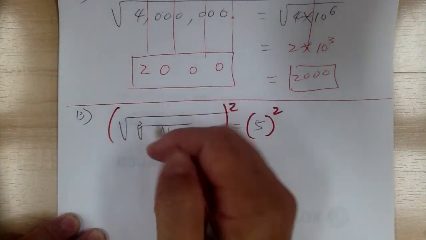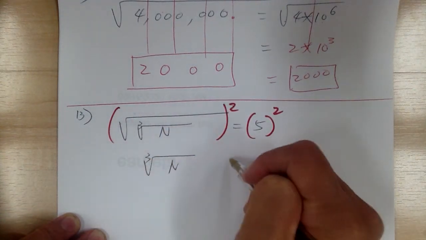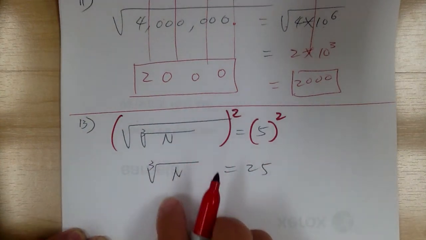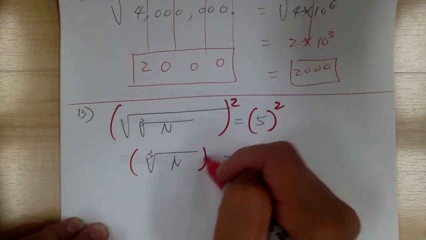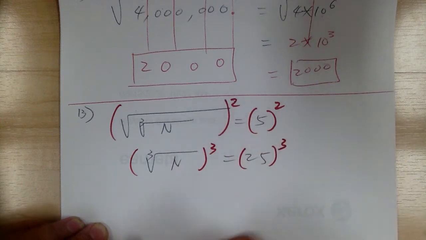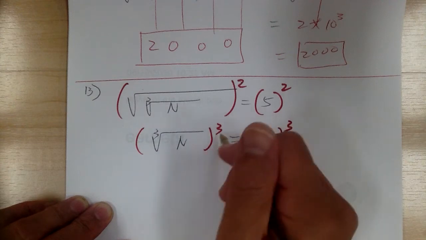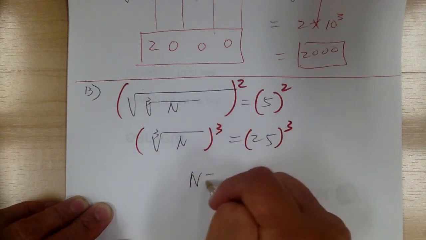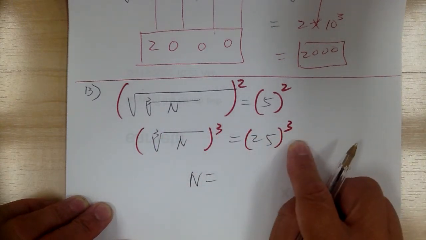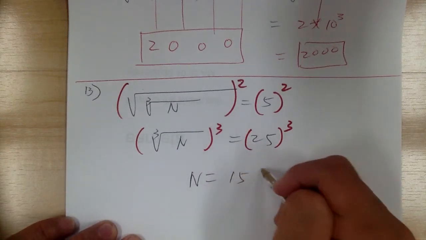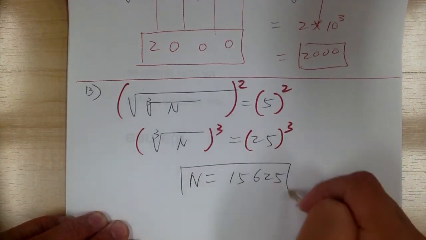The square and square root cancel out, so you get cube root of n equal to 25. After that, to get rid of the cube root, you need to cube both sides. The cube and cube root cancel out, so n equals, now you work out this number, 15625.